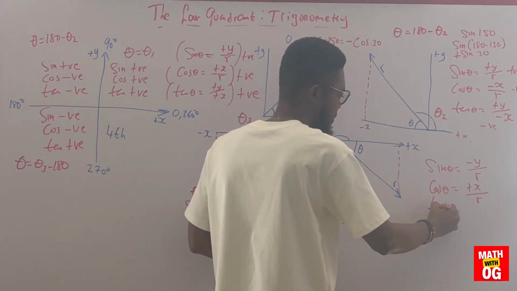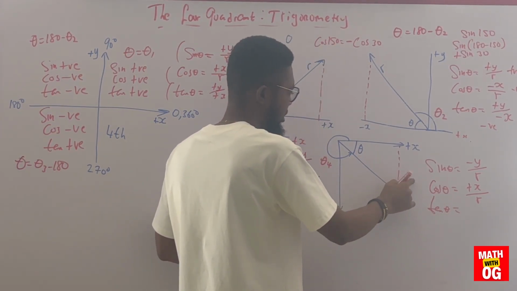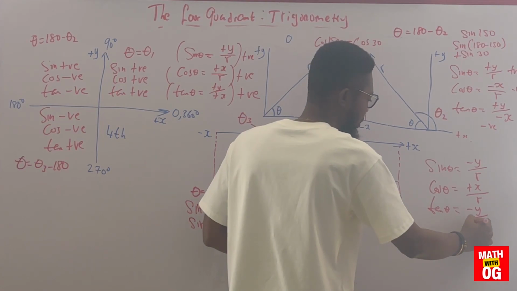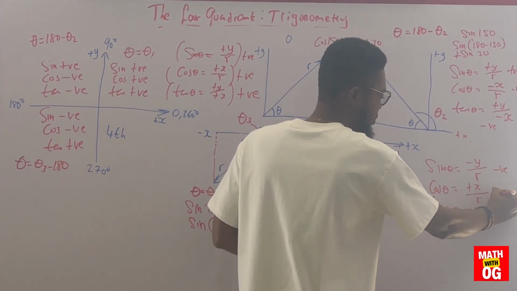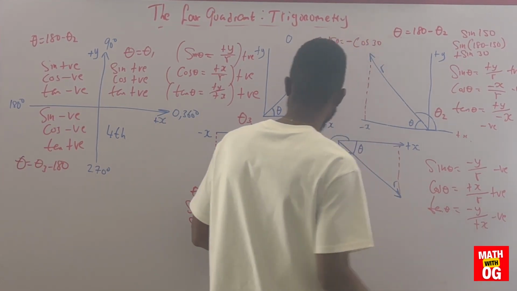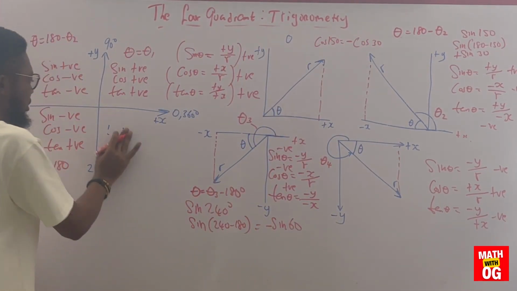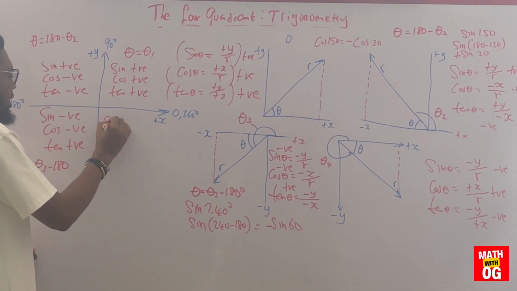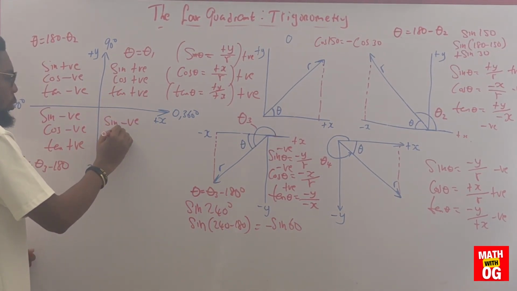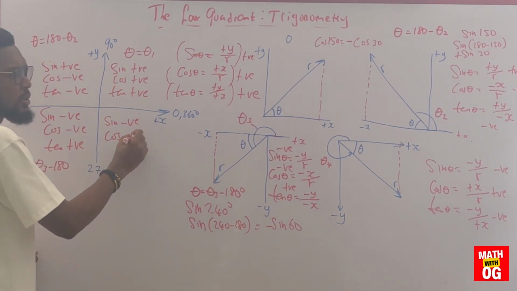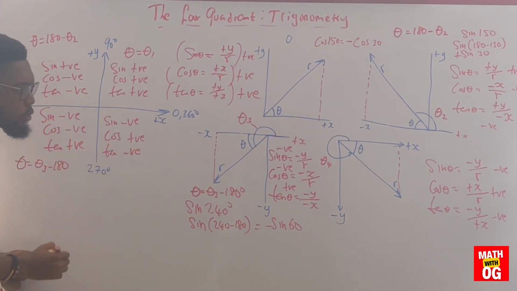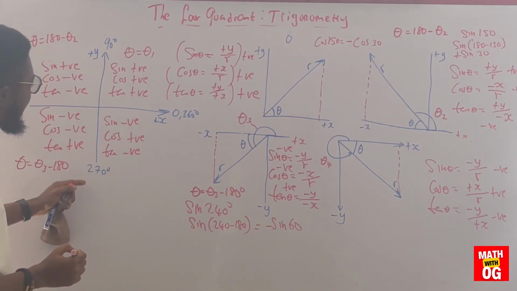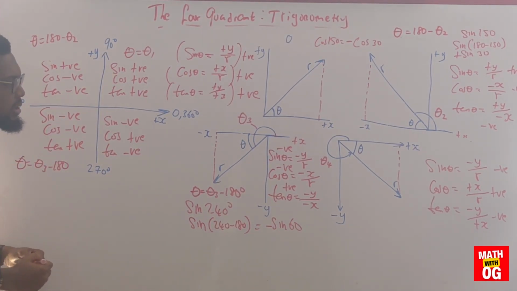And lastly, tan theta, negative y over positive x. So my sine is negative, my cos is positive, and my tan is negative. So we can put them here. Sine is negative, cos is positive, and tan is negative in the fourth quadrant.